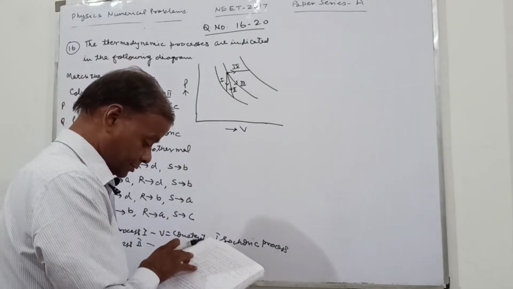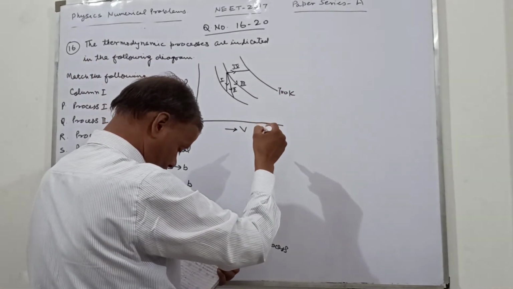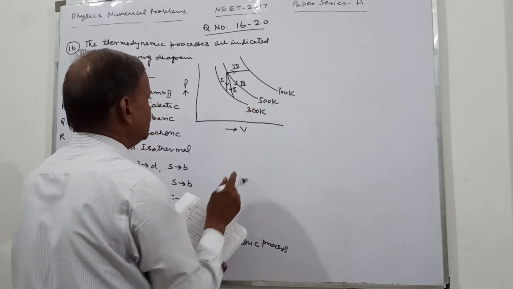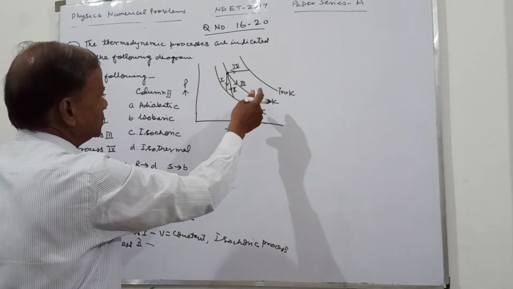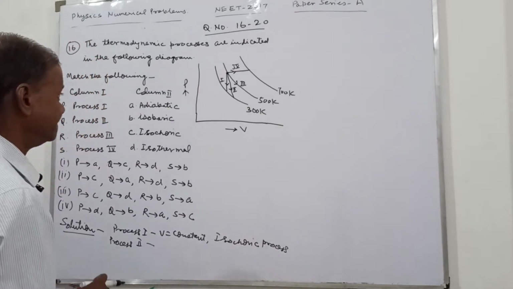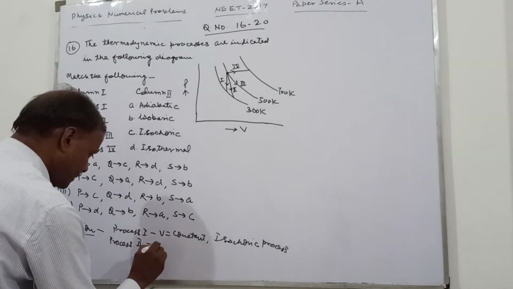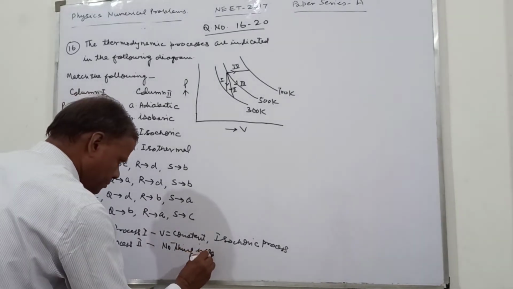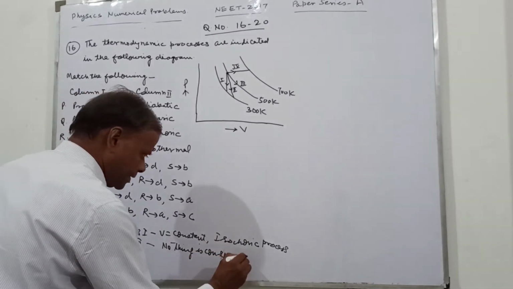This is 700 K, this is 500, this is 300 K. Now in process second, the temperature is being changed and nothing is constant, so this is the adiabatic process.